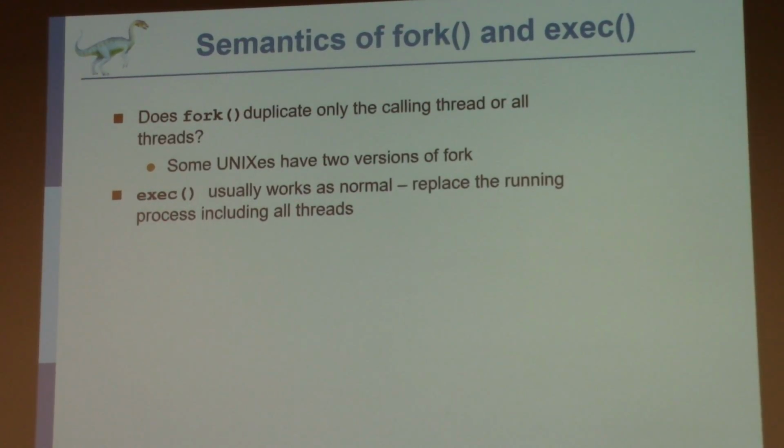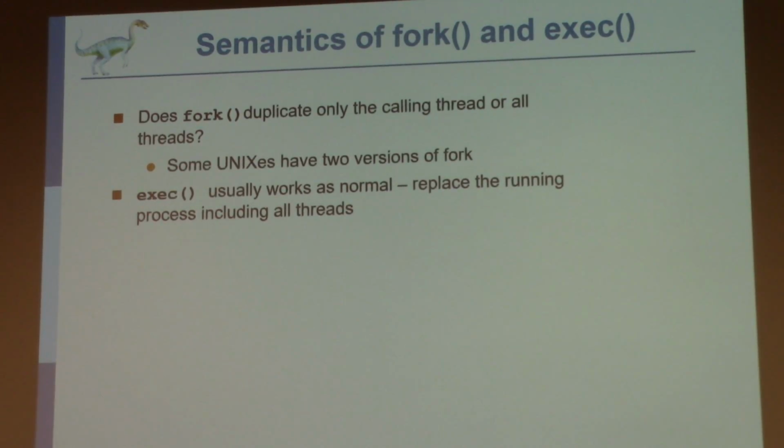So I didn't test, but depending on the system library of the fork, you can copy the entire process, even the parent process. Or it can be based on only the thread-specific process structure plus the thread-specific part. So the thread will be cloned. Okay? However, exec is not a problem.